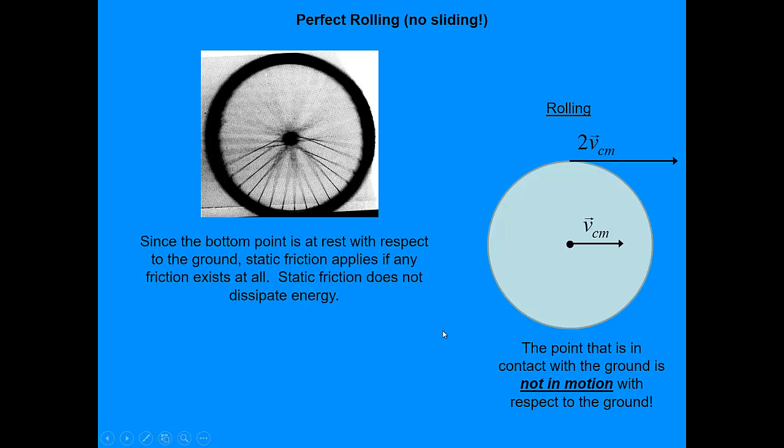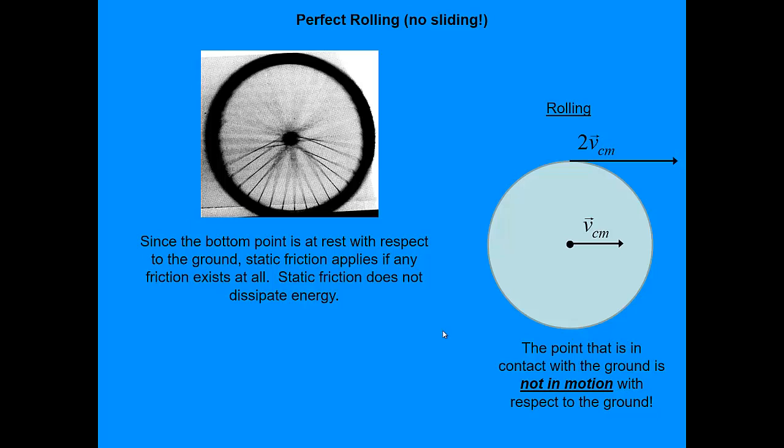You don't get any heat generated, any thermal energy stored from static friction. You have to have movement, sliding of the surfaces in order to change that temperature, to store that thermal energy. So static friction doesn't dissipate any energy. There'd be no E-dis with perfect rolling, only if the surface slides as it rolls.